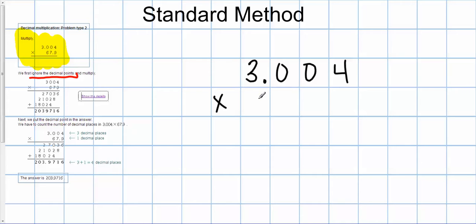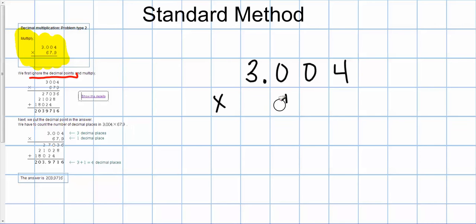If I was lining up my decimal points, I would want my 67 to be right here, 67.9, if I was adding.